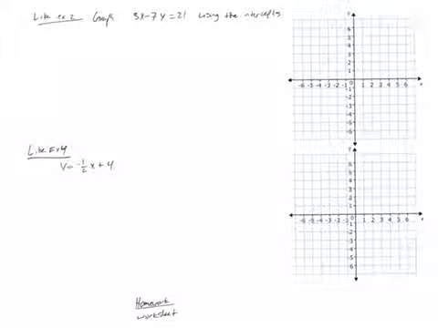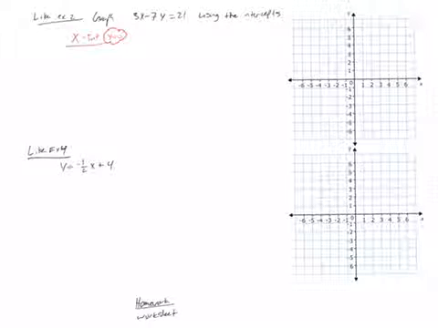So this is like example 2. It says graph this equation using the intercepts. First, let's find the x-intercept. To find the x-intercept, I know that y is equal to 0, because it's going to be somewhere along this axis, and everywhere along that axis, the y has a value of 0.